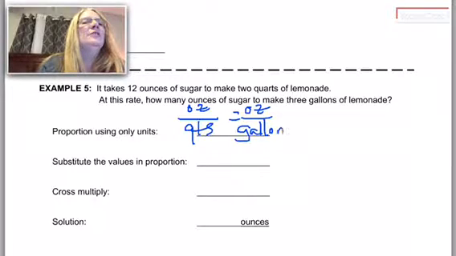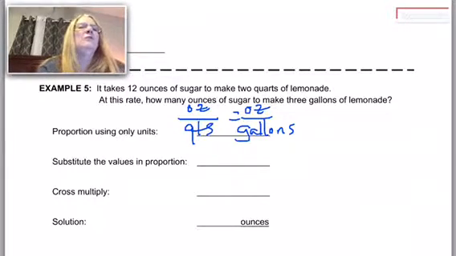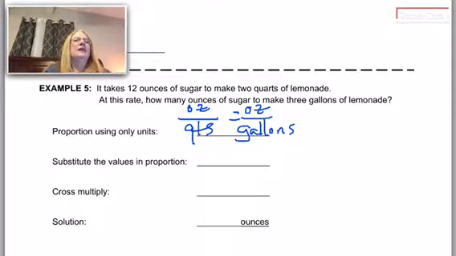So here we have ounces in the top, but on one we have quarts in the denominator, and the other ones we have gallons. So we do have to make a conversion here. It doesn't matter whether you want to convert quarts to gallons or gallons to quarts. I would go with the one that's easiest, so you don't have to use a fraction. I think it would be better to convert gallons to quarts.